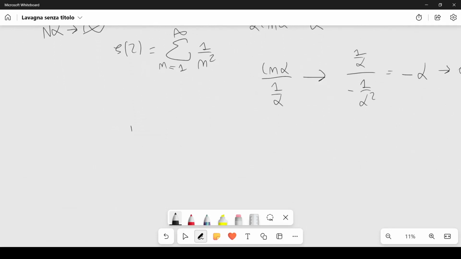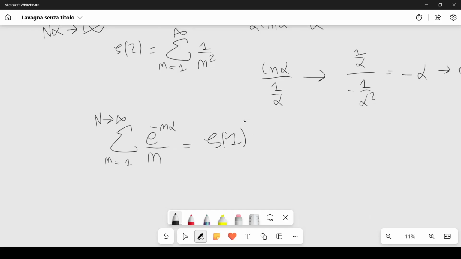For example, let's consider the summation over n from 1 to infinity. And remember that this is n going to infinity, capital N going to infinity. Here we have e to the minus n alpha divided by n. So here we have z of 1 plus 1.